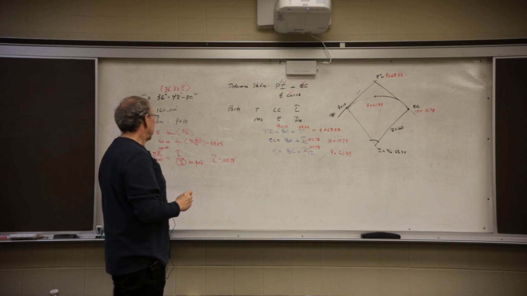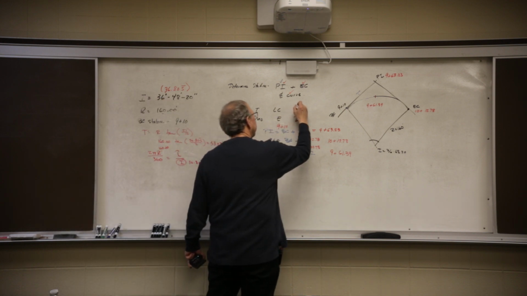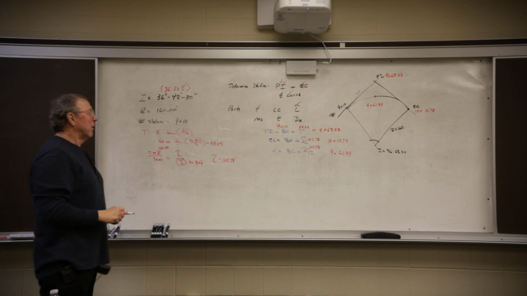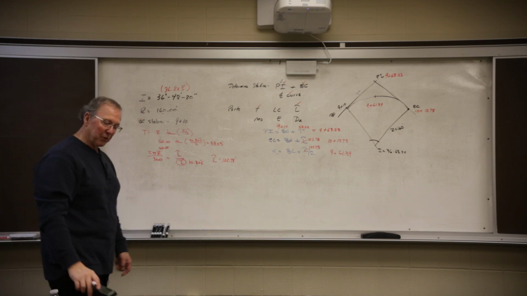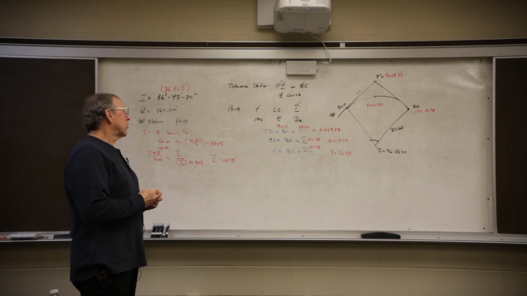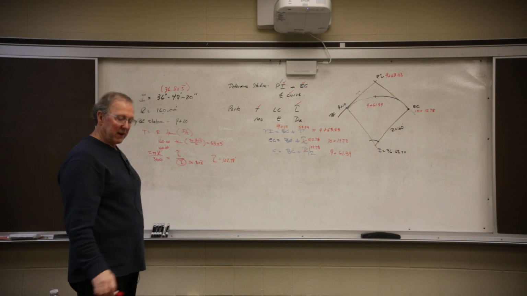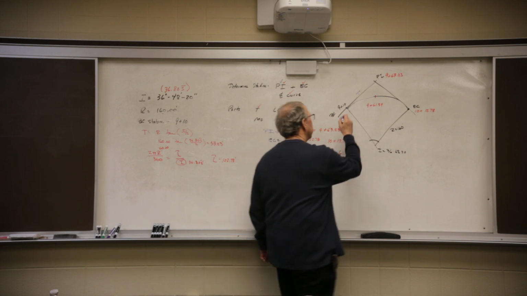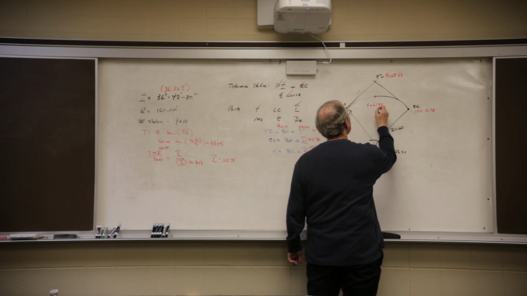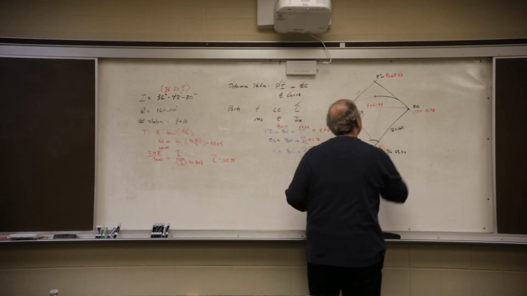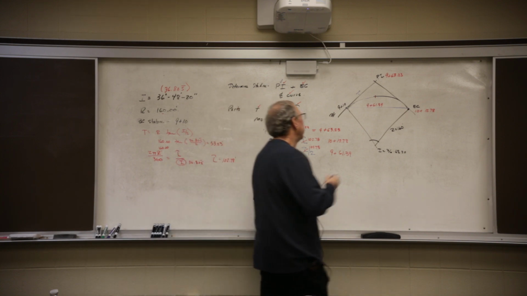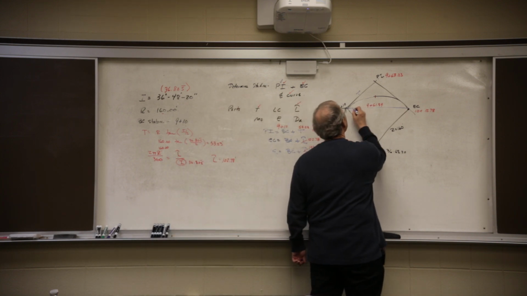And I've already got 2 of these figured out. I got this one figured out, and I've got this one figured out. So I've got 4 more things to worry about: the long chord, the middle ordinate, E and dA. So I'm going to draw them. Here's the long chord.